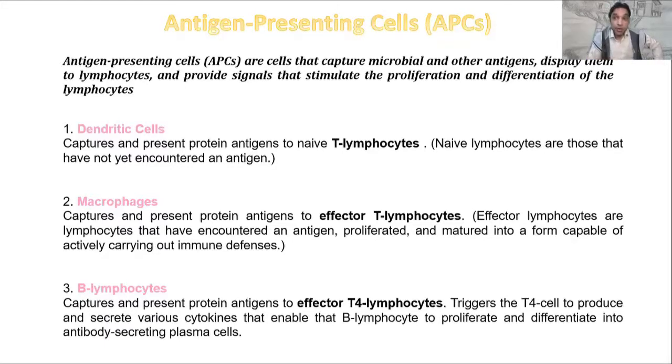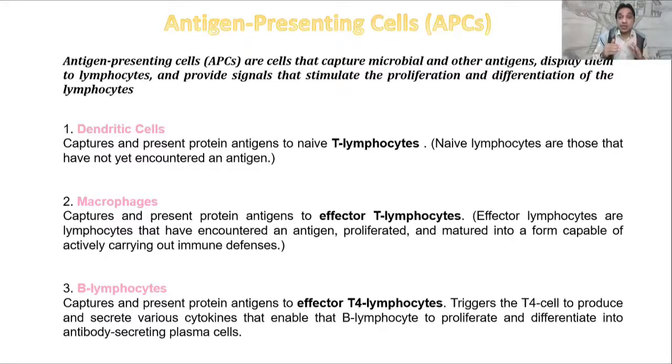That is one job. The other job of the antigen presenting cells is to produce chemicals, to produce signals which can help the other members of the immune system to find the place where the immune action is going on, to rush towards the site of infection.